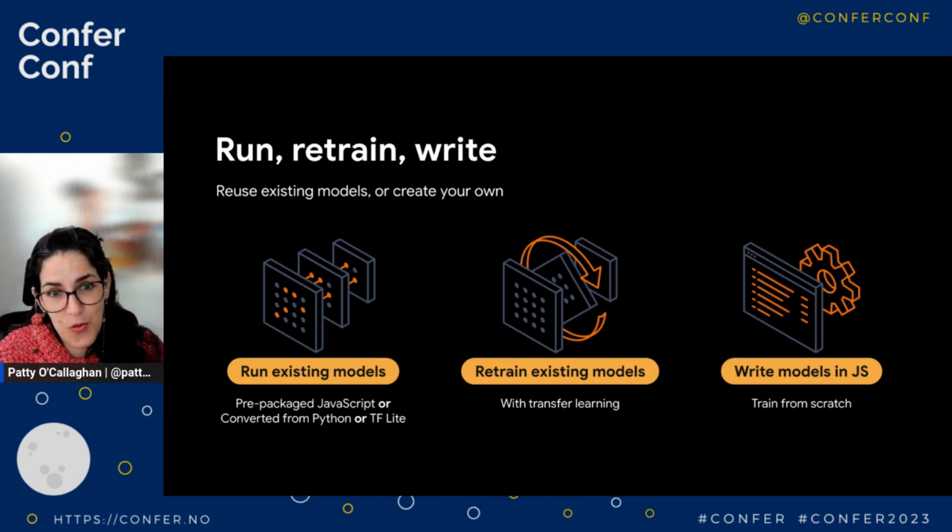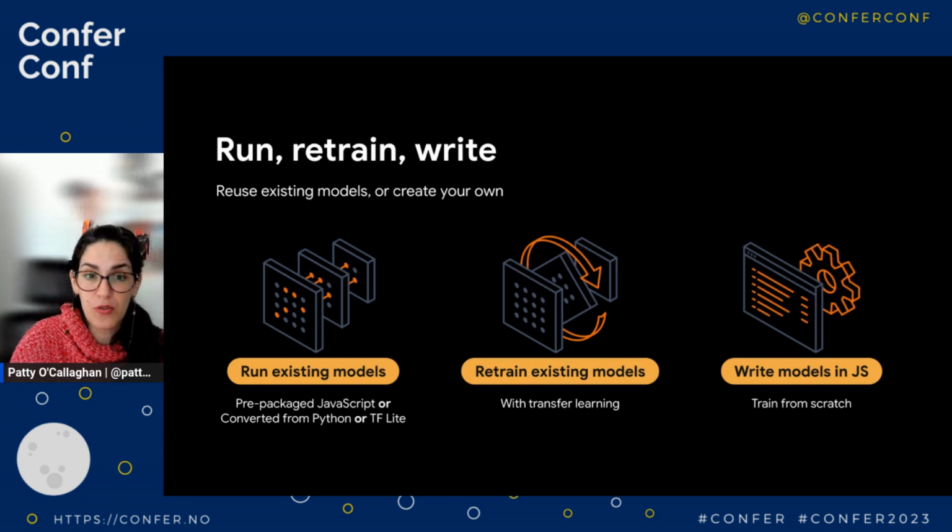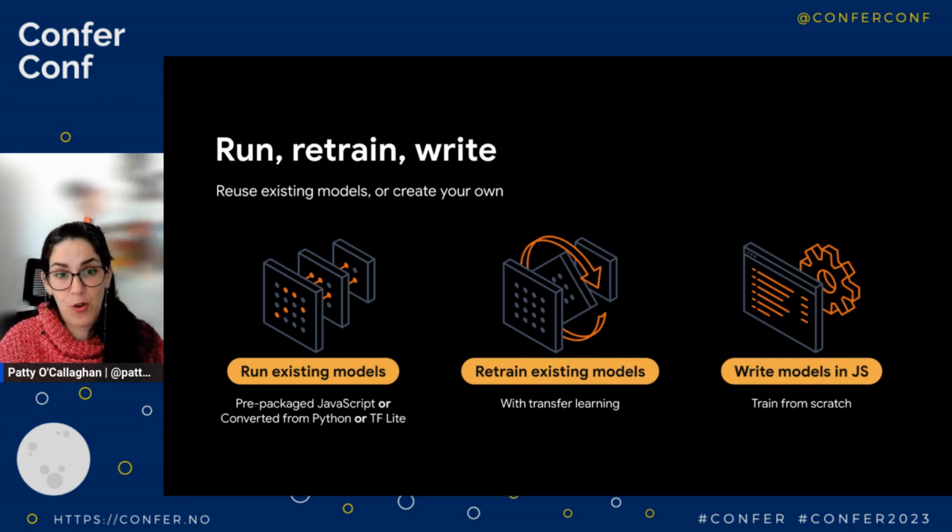For those of you who are new to machine learning, it essentially means that you can take pre-made models that maybe were made by someone else, and you can retrain them with your own data. So if we have a model that, let's say, detects cats, I can retrain that model to learn to recognize dogs by giving it new training data.